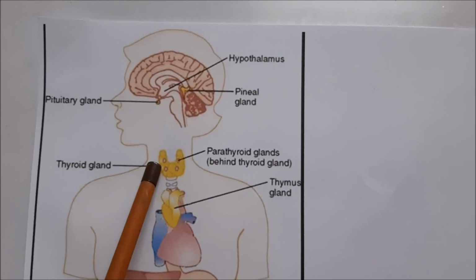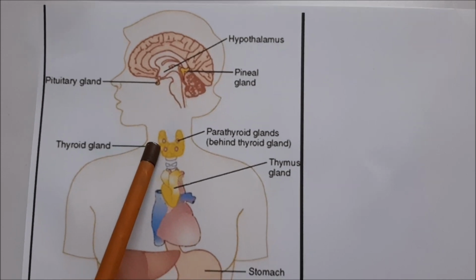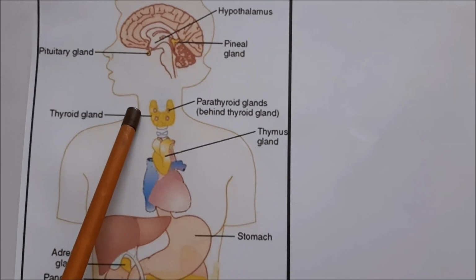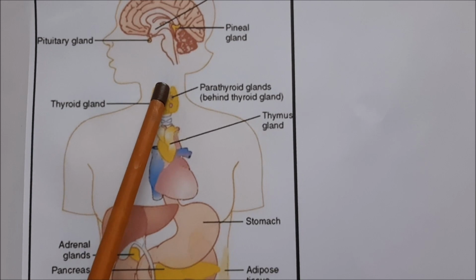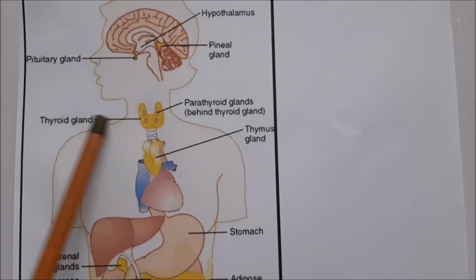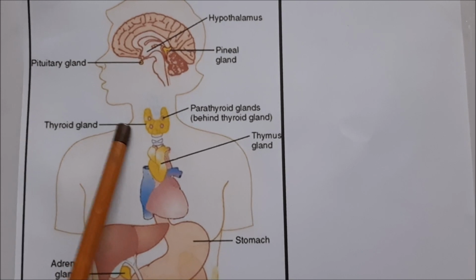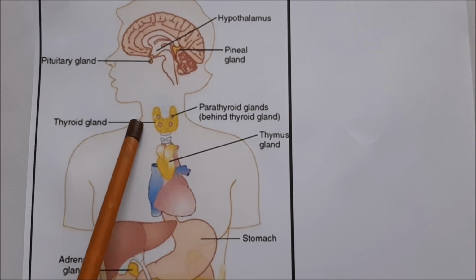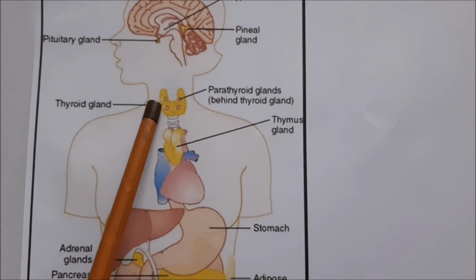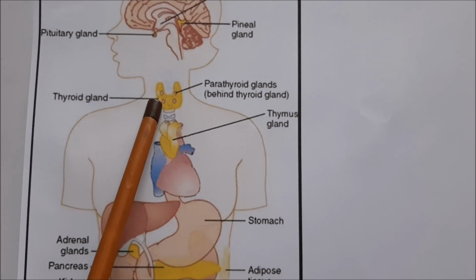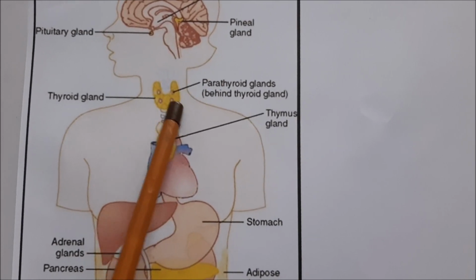Thyroxine and T3 increase the basal metabolic rate. Calcitonin reduces the serum calcium level and causes deposition of calcium in the bones.